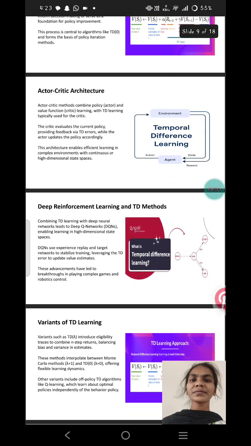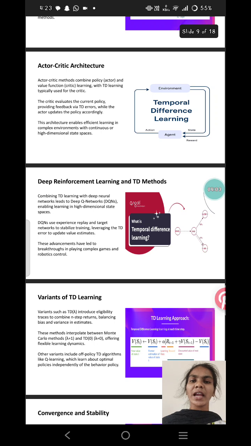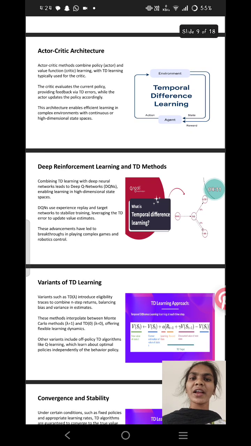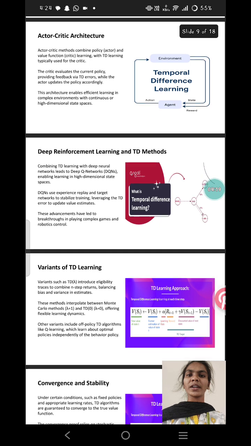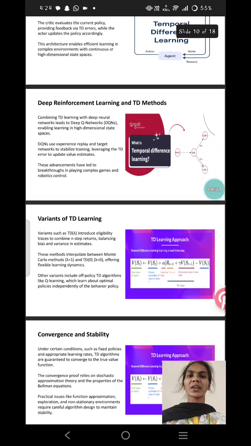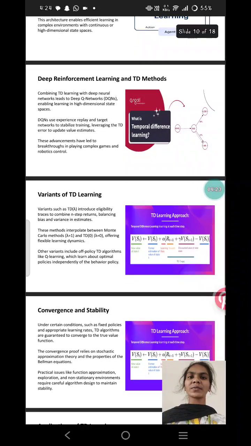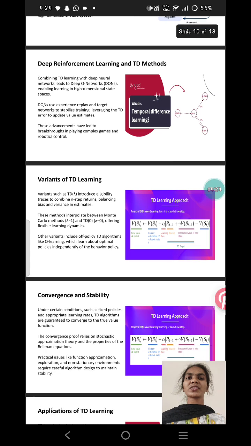Actor-critic architecture. Actor-critic methods combine policy and value learning, with TD learning typically used for the critic. The critic evaluates the current policy, providing feedback via the TD error, and the actor updates the policy accordingly. The architecture enables efficient learning in complex environments with continuous or high-dimensional spaces.